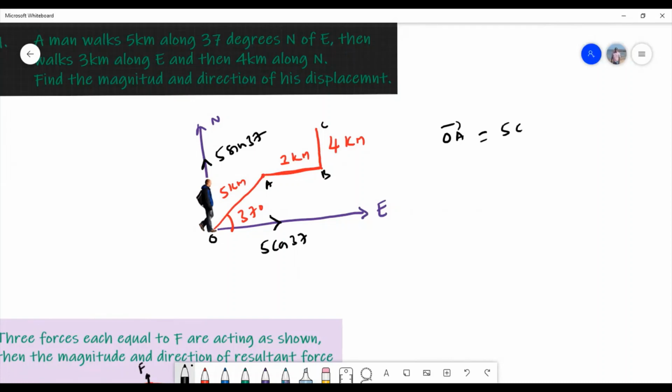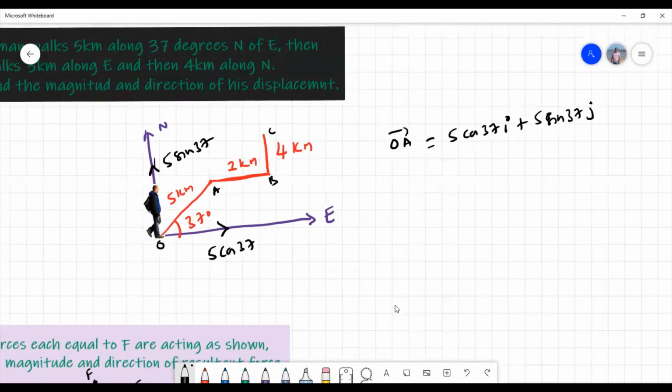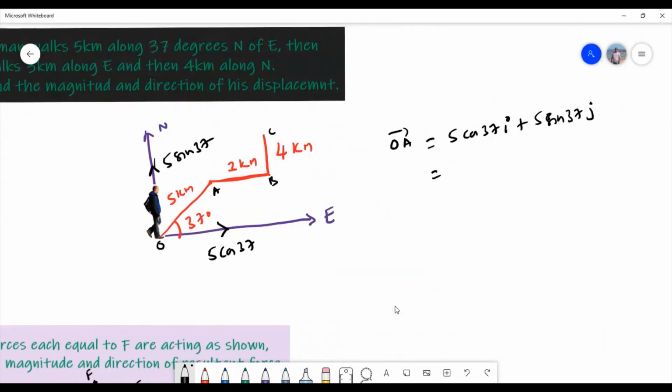So 5 cos 37 i cap plus 5 sin 37 j cap, because it is towards north, positive. Let's simplify this first. 5 into cos 37 is 4 by 5 i cap plus sin 37 is 3 by 5, 5 into 3 by 5 j cap. So 5 cancels. This is simply 4i cap plus 3j cap.